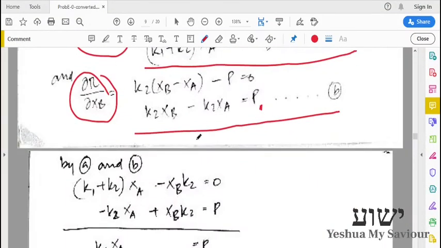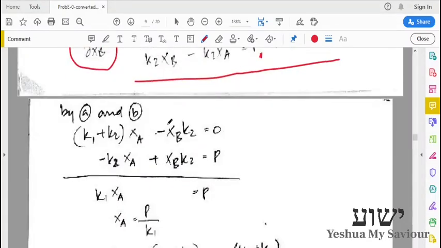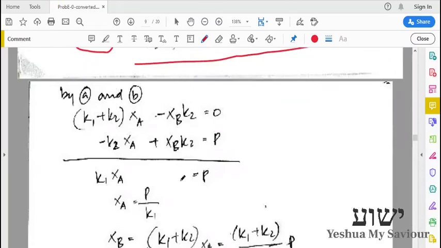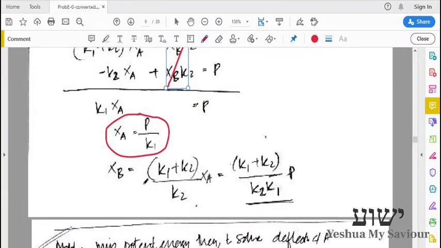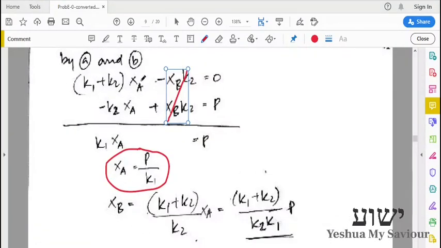So we have parameters xa and xb here, so we can solve this out. We just sum them up, xb terms will cancel out, so we will get xa is equal to P by K1, and xb is equal to, substituting xa in either of these terms, we will get the value of xb. So thus we can find the deflection of point A and point B.